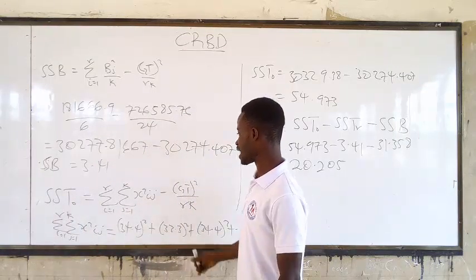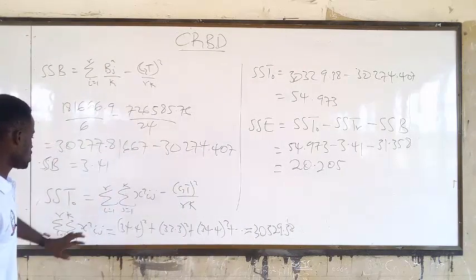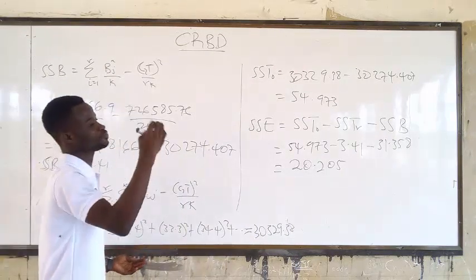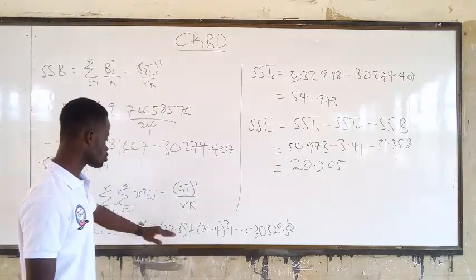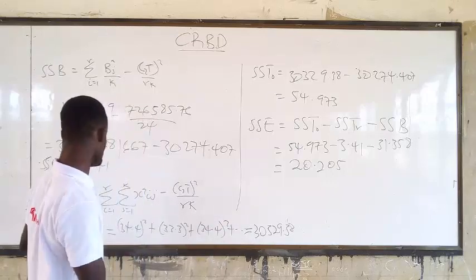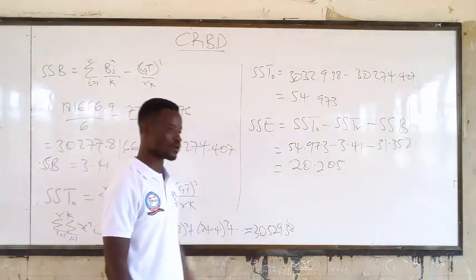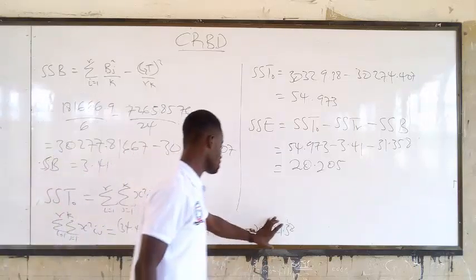So sum of square total, this is the formula that we use to do it. And what does all this mean? All this means that on your table, pick each value, square it and add it. So if you pick this square, then you add them. And when you are done with all that, this is going to be your final result. Alright, so now we know the value here to be this.